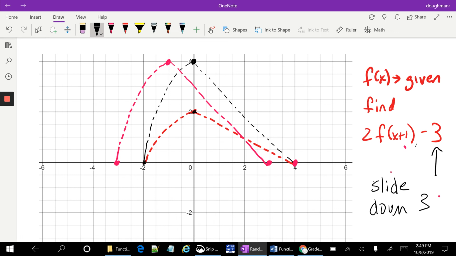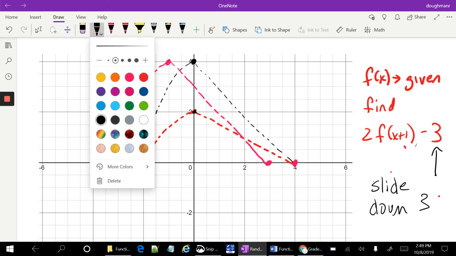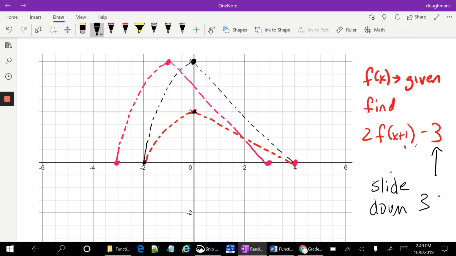All right, I'm going to go ahead and use black again for my final. Okay, and once again, pick my points. So the point 3, 0, slide down 3 units. 1, 2, 3, there. The point negative 1, 4 goes down 3 units. 1, 2, 3, there.